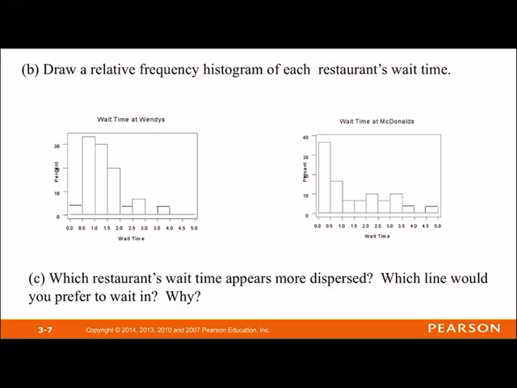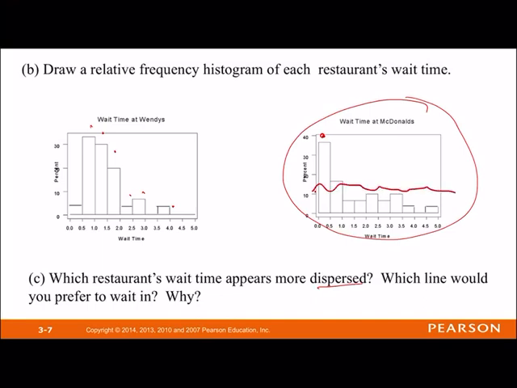Okay, which one is more dispersed? It's going to be this McDonald's one. When you're looking for the one that's more dispersed, you're looking for the one that's more uniform, that doesn't vary as much. This one has a lot of high bars and then up, down, up, down. This one, except for this one bar right here, is pretty consistent. So this is the one that's more dispersed.